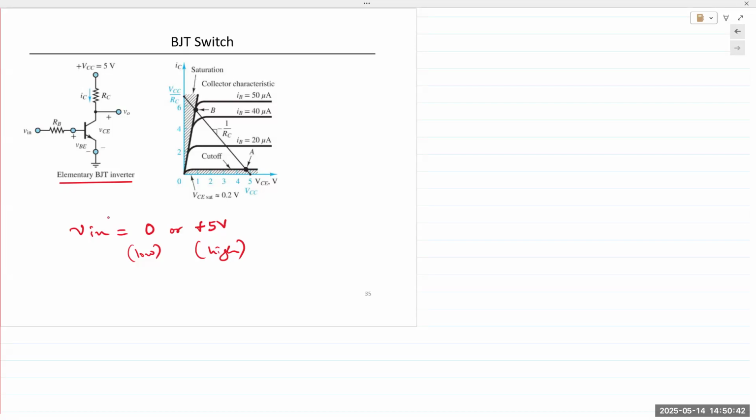Well, if there's no input, it doesn't turn on. Because it doesn't turn on, the only mode the transistor can operate in is cutoff. So it's completely off. And if it's off, VO is connected directly to the output.